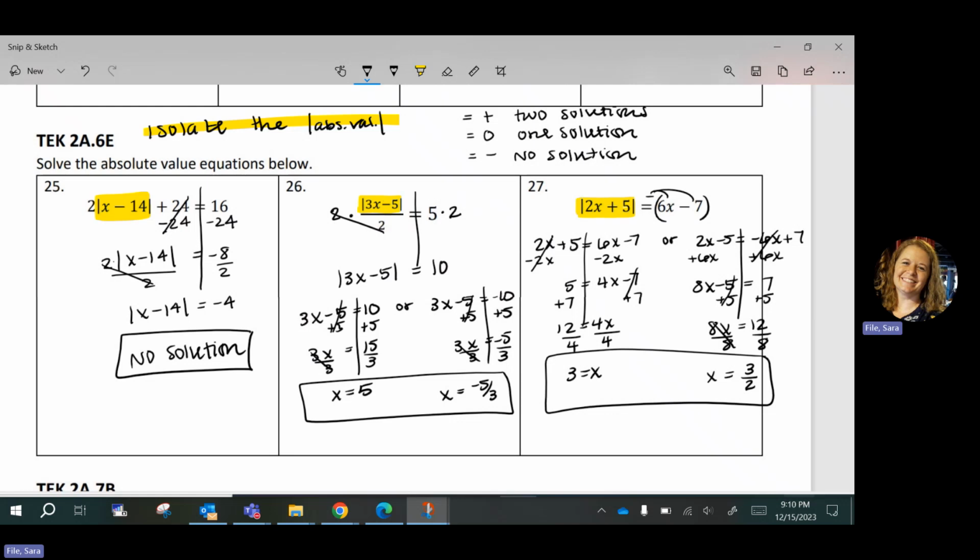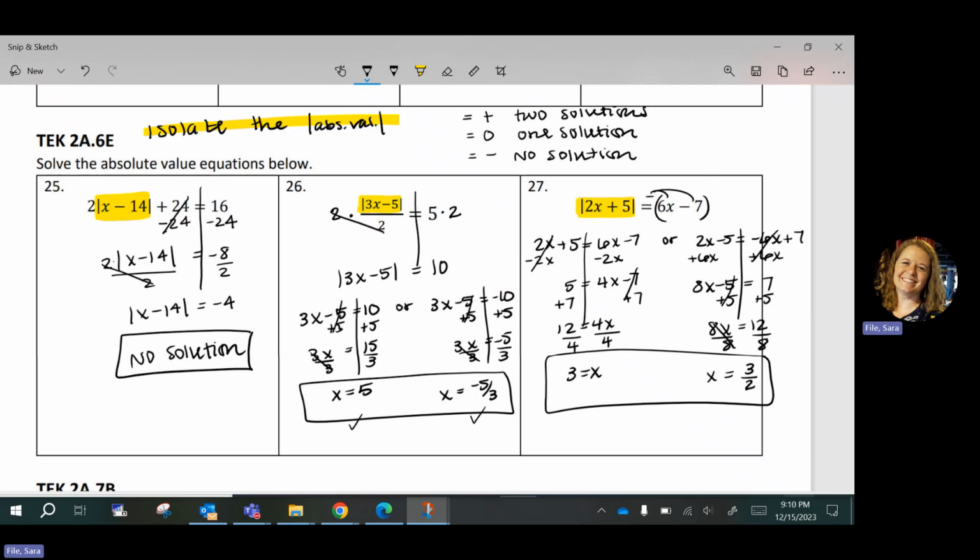Yep, it checks out. Okay, if I plugged in a negative 5/3 up here, the 3 and the third would cancel. I'd be left with just negative 5 minus 5 would be negative 10. The absolute value of negative 10 is 10. Divided by 2 is indeed 5.